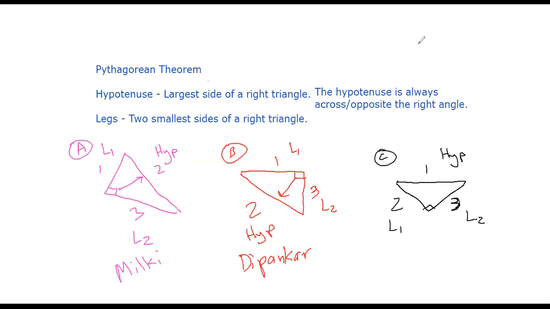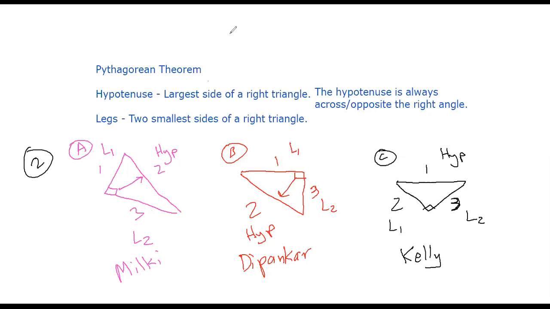And Kelly said the two shortest sides are the legs, and the longest side is the hypotenuse. Those are different ways to think about hypotenuse and legs. Are there any questions? This relates to problem 2 on your worksheet, identifying the legs and the hypotenuse.